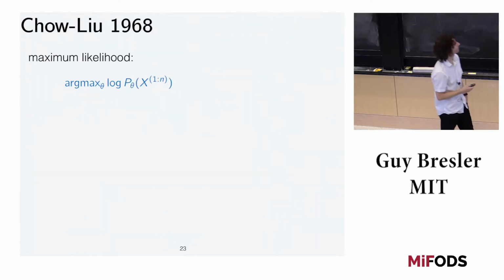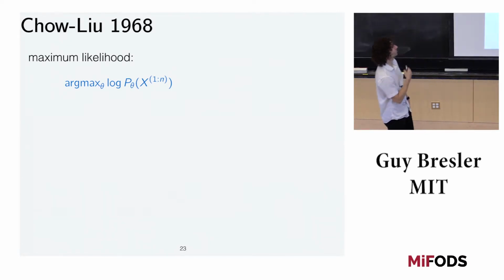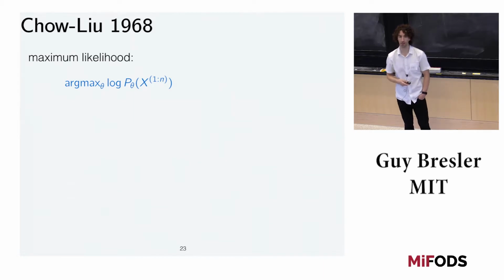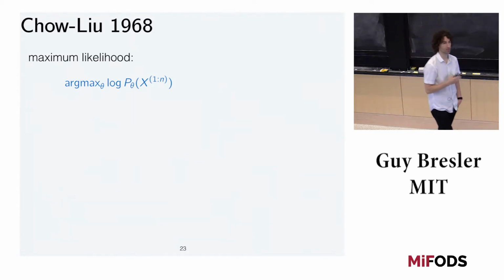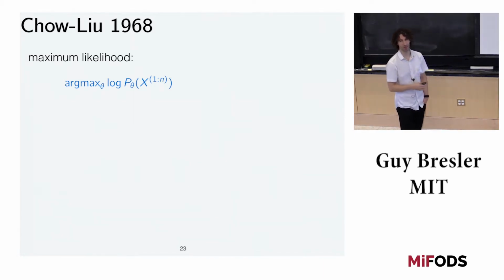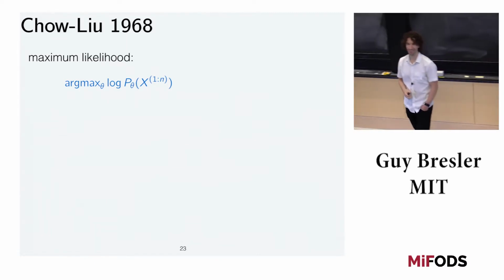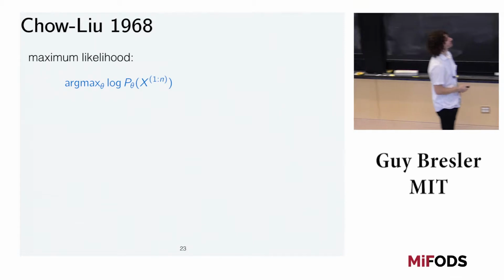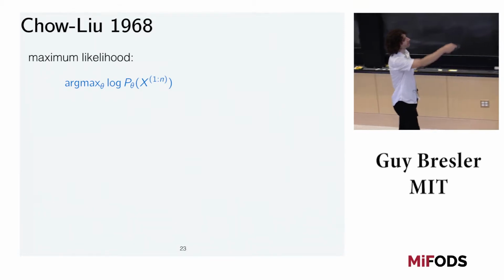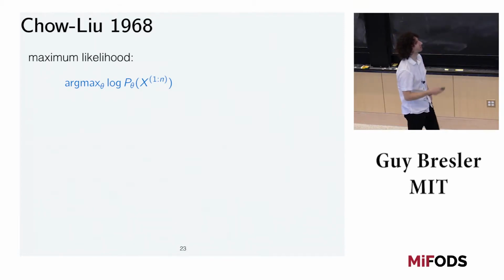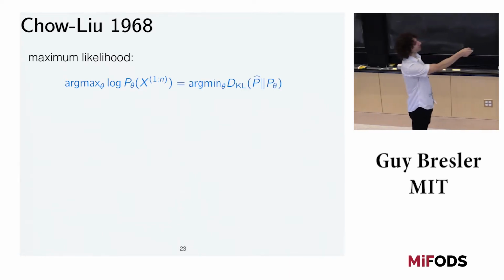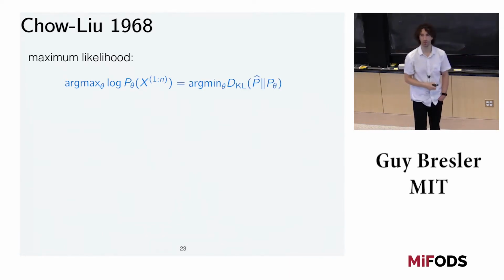Okay, so one method that was proposed way back in 1968 was to maximize the likelihood. I mean, maximizing the likelihood wasn't proposed in 1968, but you know what I mean. We're going to maximize the likelihood of the data. We have our data set, and we choose the tree structured graphical model to maximize the likelihood, which is the same as minimizing the KL from the empirical distribution.